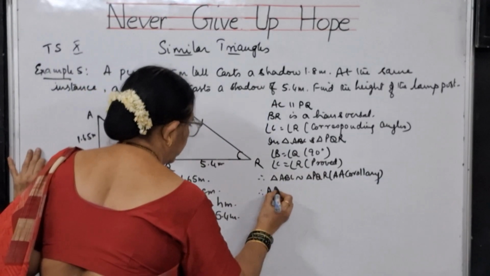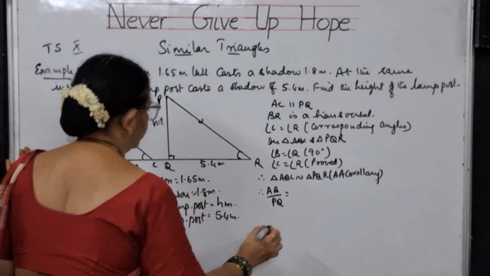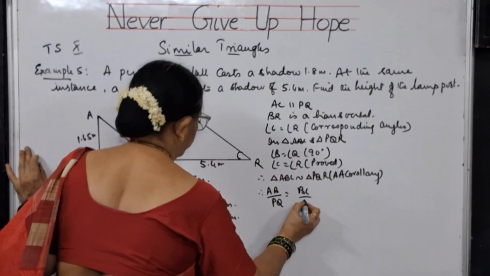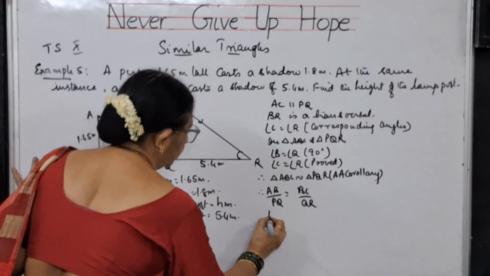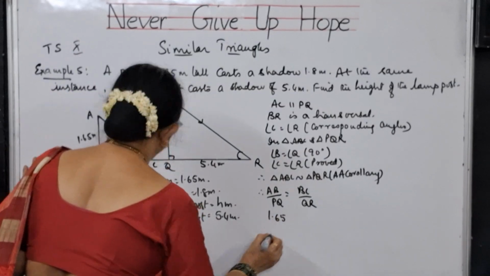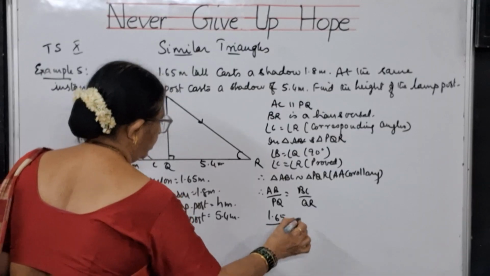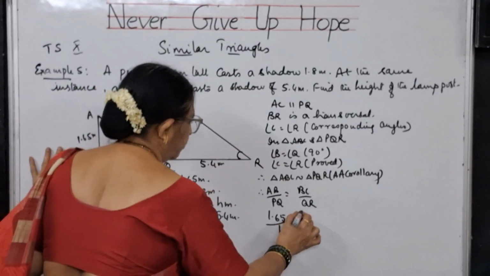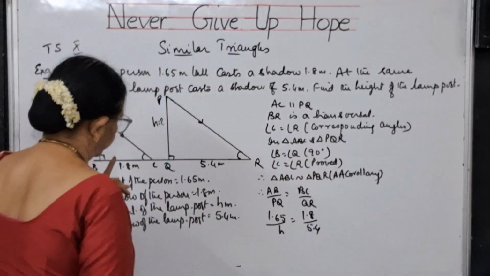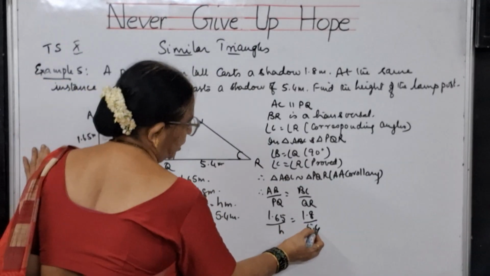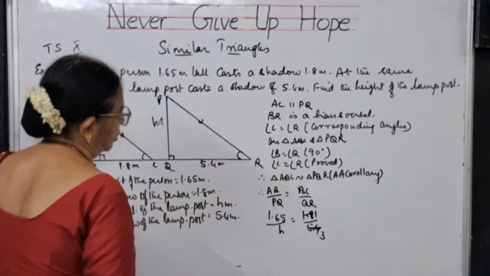Therefore, AB by PQ is equal to BC by QR. AB is 1.65, PQ is H, equal to BC 1.8 by 5.4. Here you can take out the decimals. 18 ones are 18, 18 threes are 54.